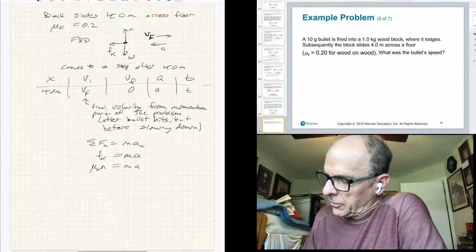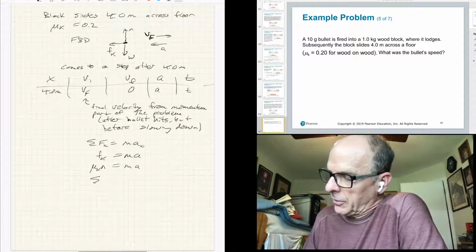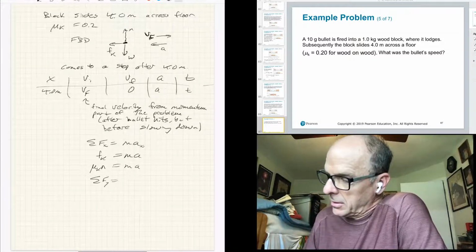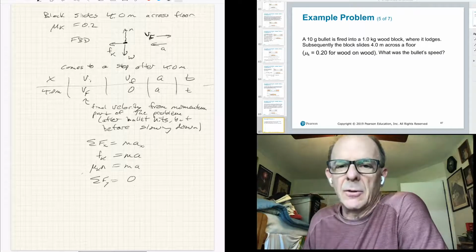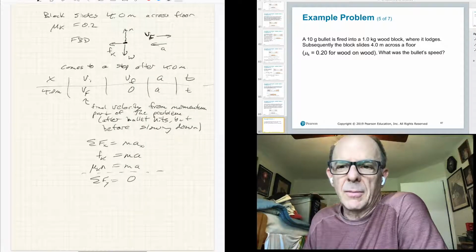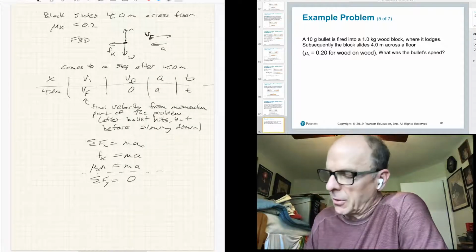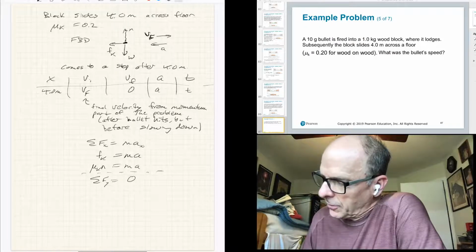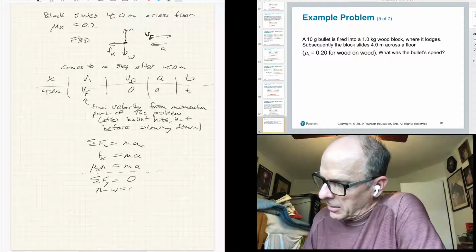And we know that the sum of the y forces on this thing is 0 because there's no acceleration in the vertical direction. And what are the y forces? N minus W equals 0. That's N minus mg equals 0. That gives me N equals mg.